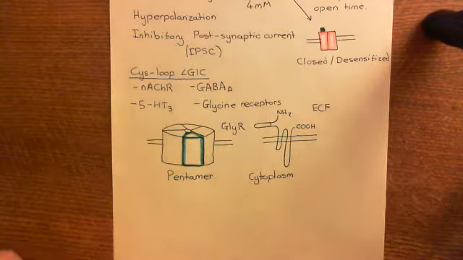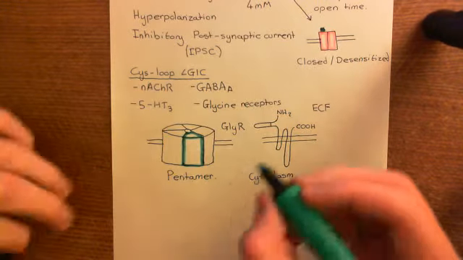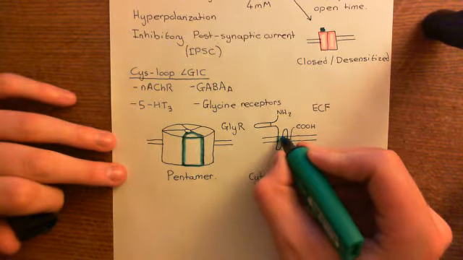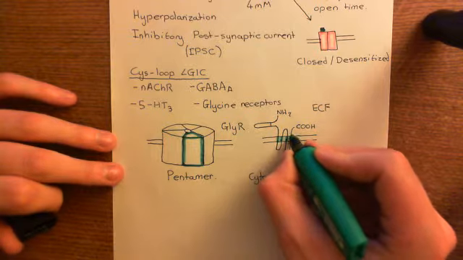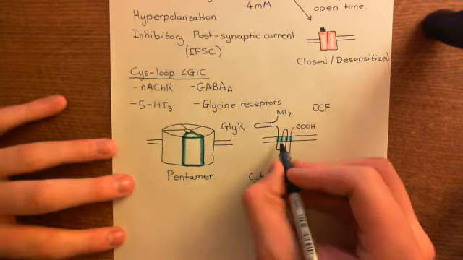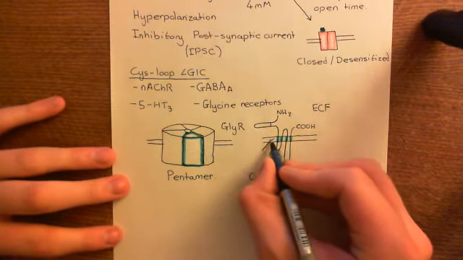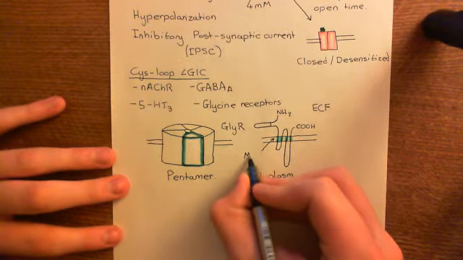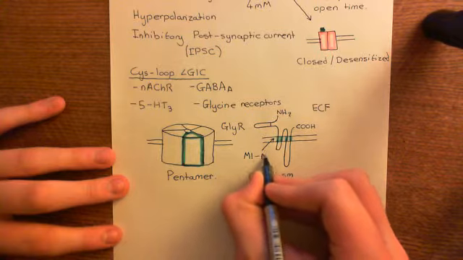So let me highlight some important portions of this structure. We'll start with the 4 membrane-spanning alpha helices. In turquoise, these are the 4 membrane-spanning alpha helices, and they are labelled M1 through M4.